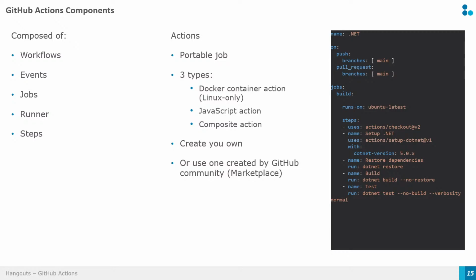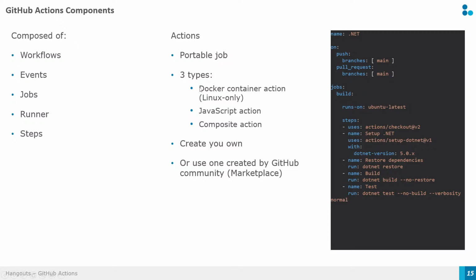It can be an action written in JavaScript. This must be pure JavaScript code. And this one just runs straight on the runner, while the Docker container action builds a container inside the runner.